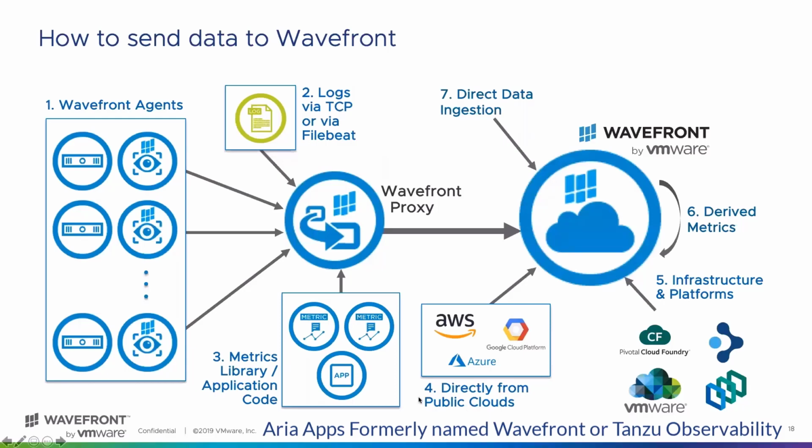The other place where you get a lot of data that you don't directly own is cloud providers, if you're using them. If you're running on AWS, GCP, or Azure, and I'm pretty sure Cloud Health is all three of those, we have pre-built integrations to pull data directly out of those cloud providers' metrics tools.